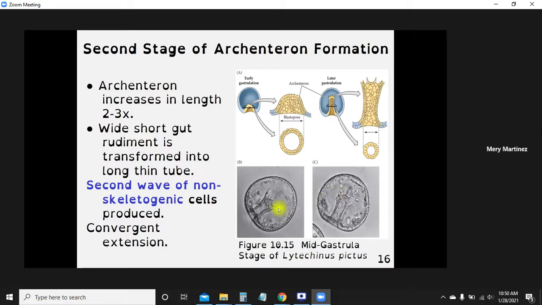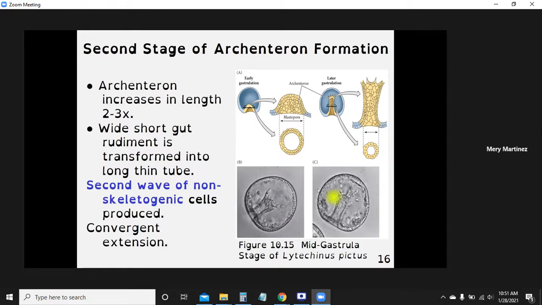So we see here we only have a few cells, but here we see way more cells. This is a second wave of mesenchyme cells going on. This cell movement makes the cells intercalate between one another, and that's what we call convergent extension, because they intercalate among themselves.